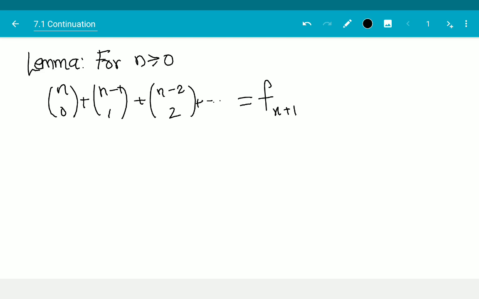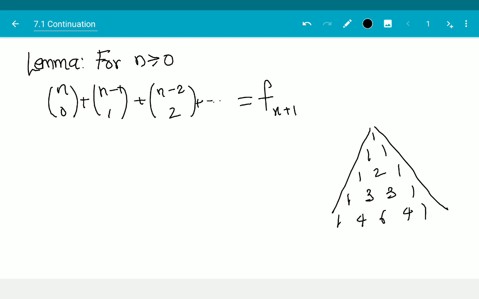And this seems slightly bizarre the way it's coming up. And one motivation for it is you can see that via the Pascal's triangle. Okay, so 1, 1, 1, 1, 2, 1, 1, 3, 3, 1, 1, 4, 6, 4, 1.